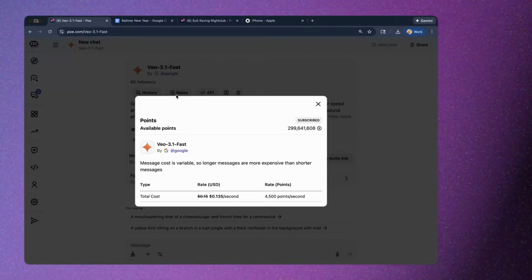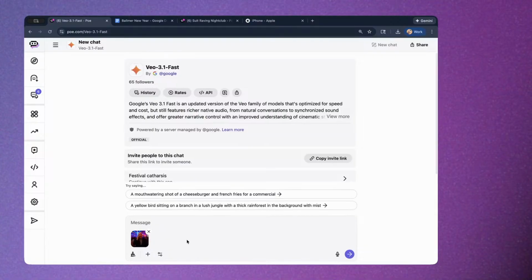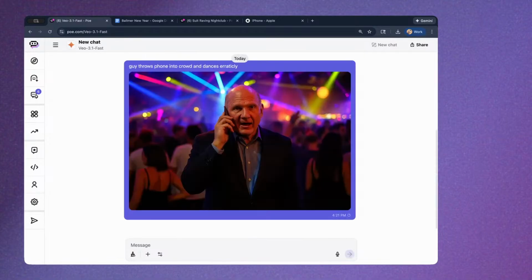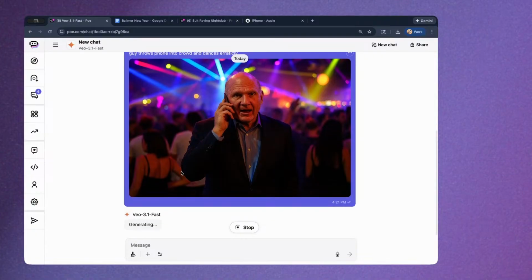Wow, it's so much cheaper than Veo? This is a really good image, but then it messed up the second one. It's so strange.